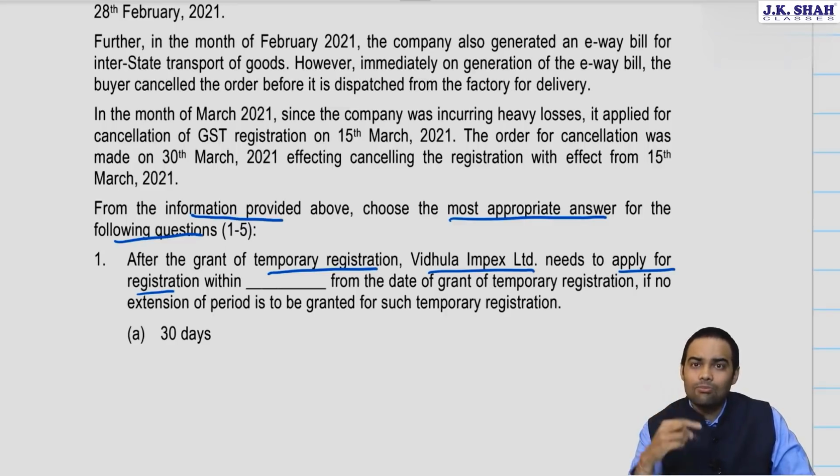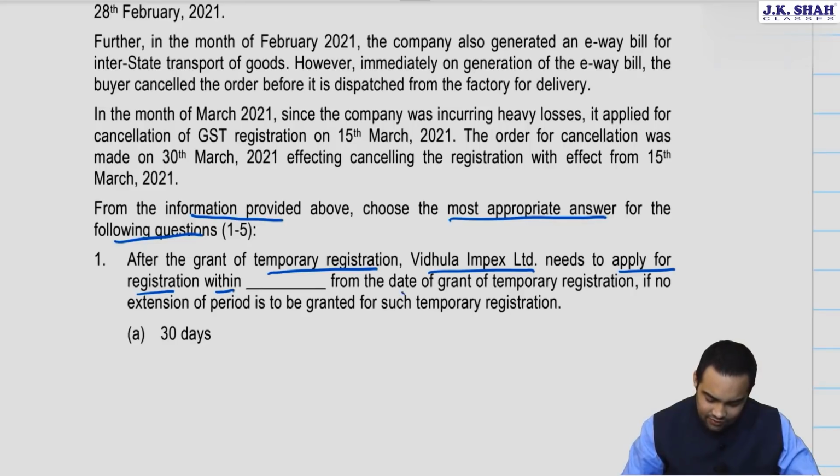And the moment proper officer is granting suo motu registration, you are required to submit all the documents and then pay tax, interest, penalty which is applicable. The time for you to give those documents is 90 days. So even without reading the MCQ, you can answer certain questions. Let's see everything, then we'll write the answers.